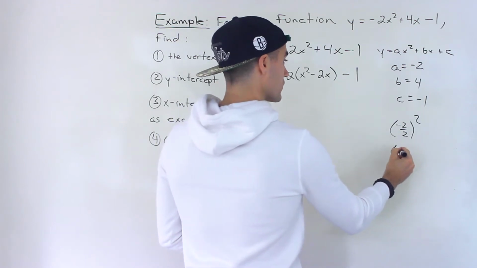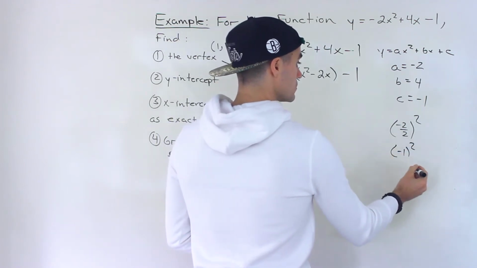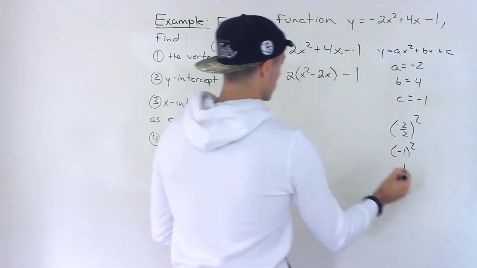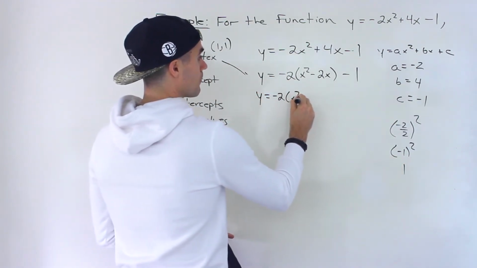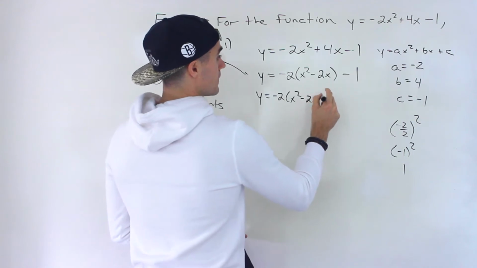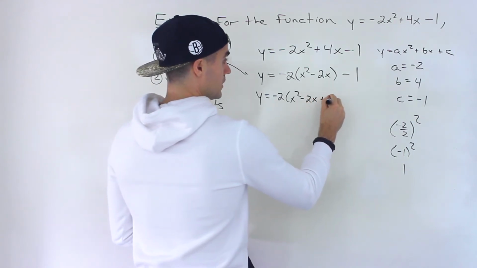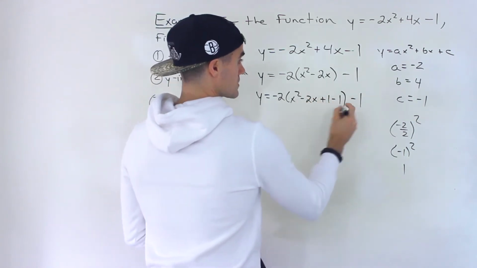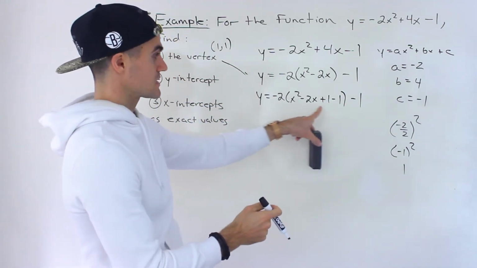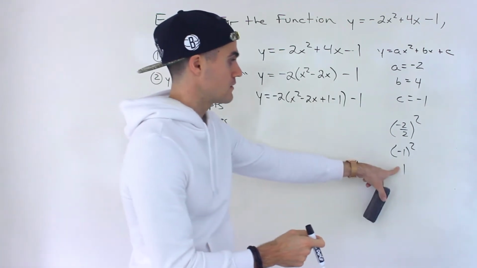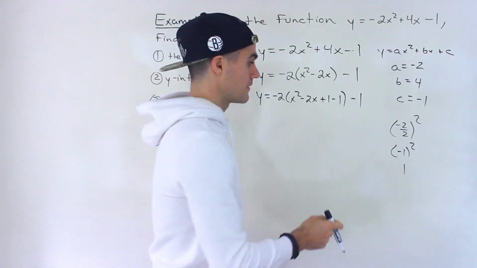So we would end up with negative 1 to the power 2, which would be positive 1. And so we'd end up with negative 2 times x squared minus 2x plus 1, minus 1. So it's like we're adding 0. We're not changing anything. This and this are the exact same thing. We're just adding more to it.